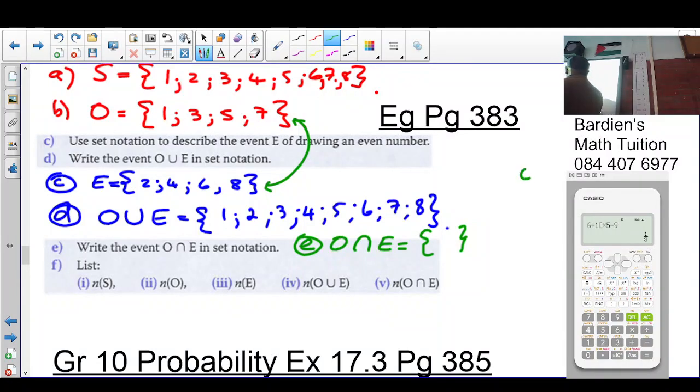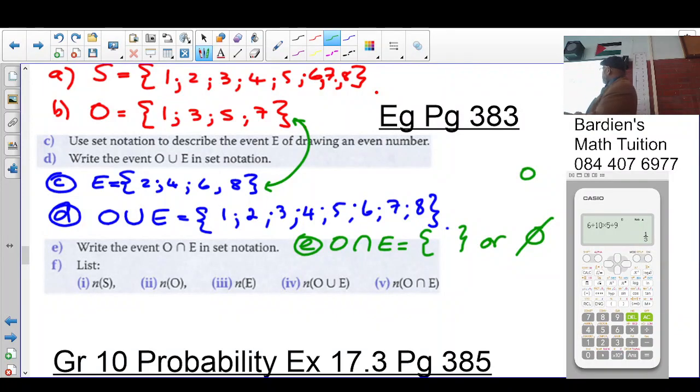We can't put a 0 because 0 could later on represent an element. Because if the sample space was different, say you're listing the sample space from 0 to 10, then 0 would have been an element. So we don't put 0 in, so we put an empty space, or we put 0 with a line through it, which means nothing.